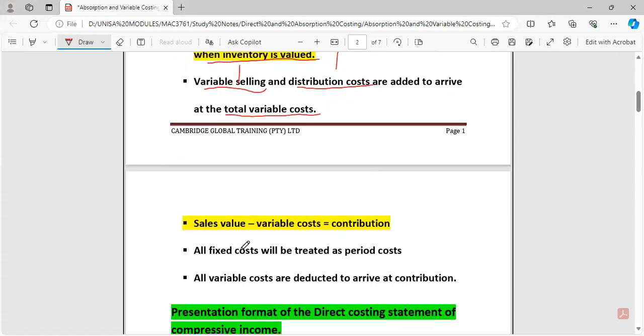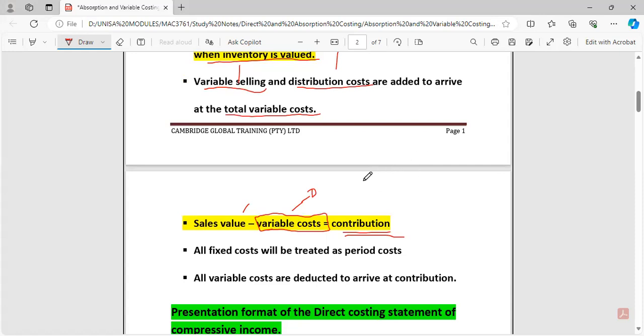So now we have our contribution. Our contribution is going to be made up of sales less variable cost. Do you see here in the variable cost, we are now including non-manufacturing variables so as to arrive at contribution.